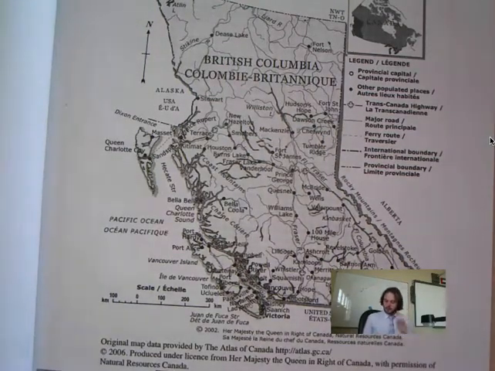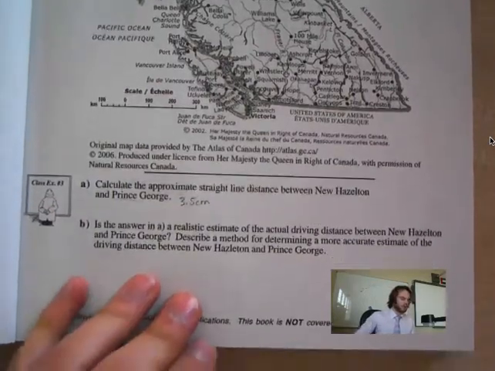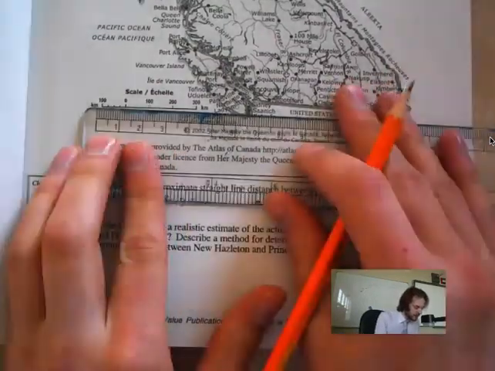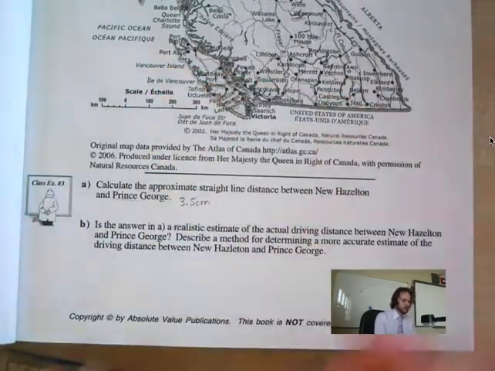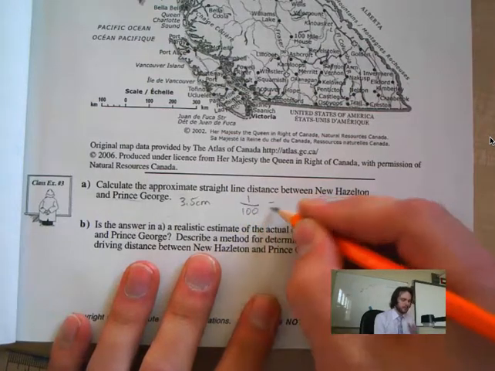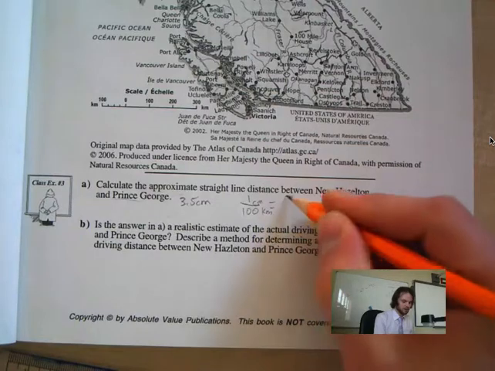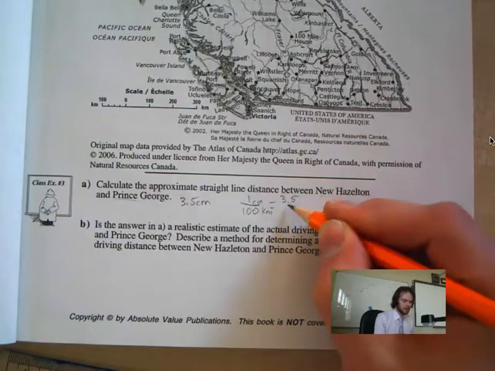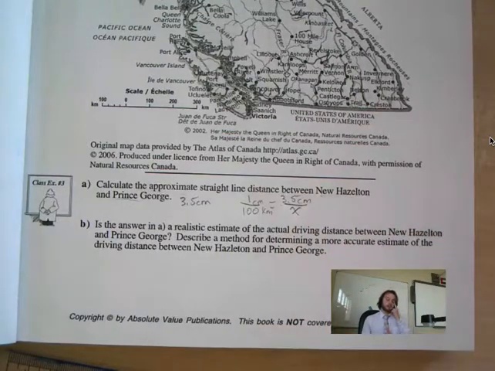Okay? Now, I'm going to do this one in a slightly different way. We have, right here, 1 centimeter is 100 kilometers. So I'm going to go 1 over 100 is equal to 3.5 centimeters over x. Okay, so I'm doing it this way now.